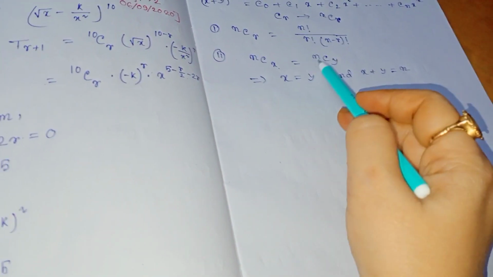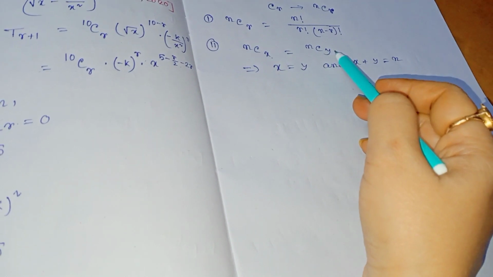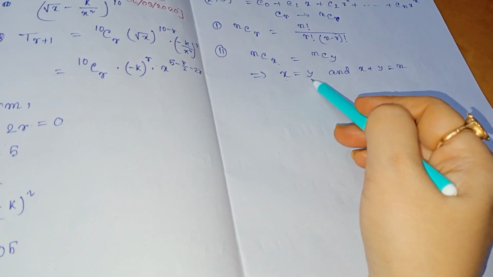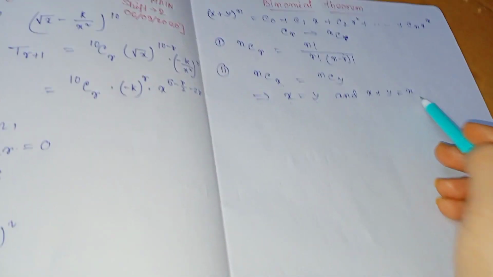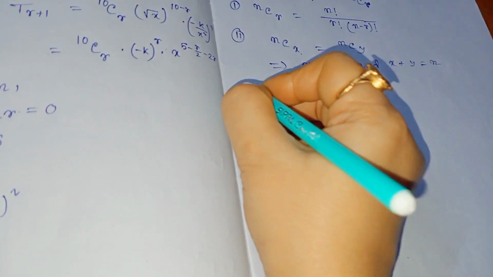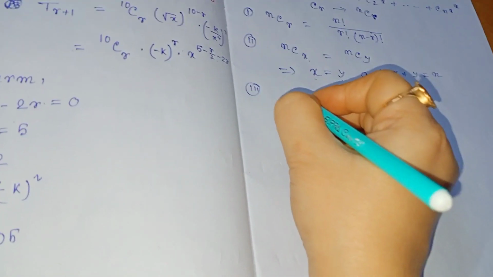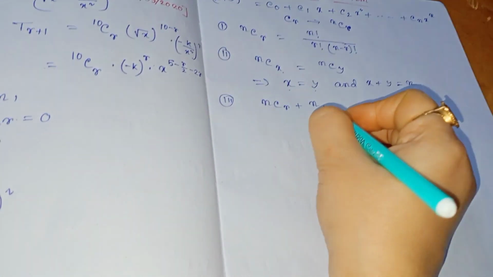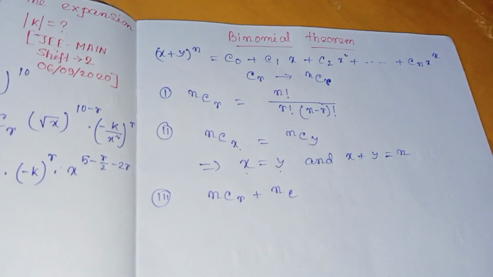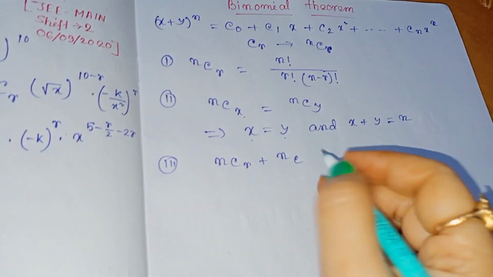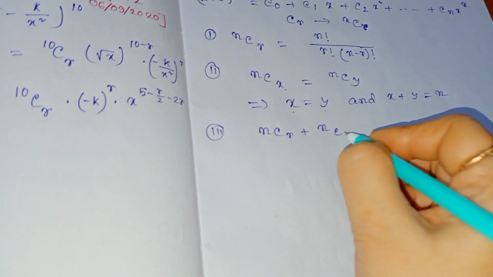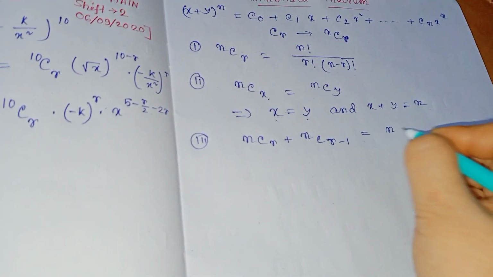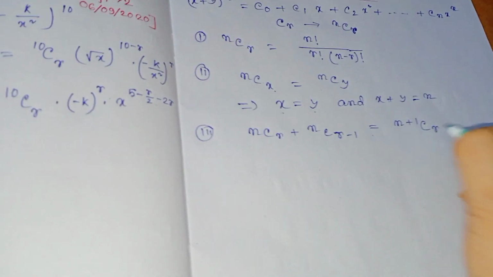If nCx is equal to nCy, then the formula we always use is x is equal to y and x plus y is equal to n. Number 3: nCr plus nC(r minus 1) is equal to (n plus 1)Cr.